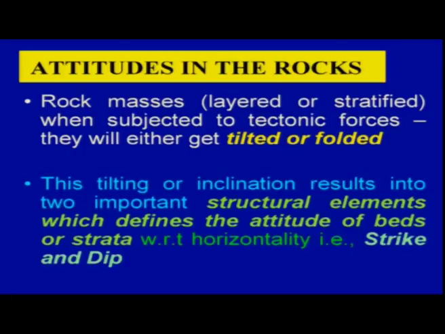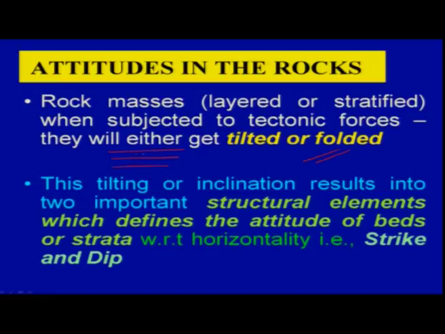Okay. So, rock masses that are layered or stratified, when subjected to tectonic forces, as we were talking about in plate tectonics or deformation, will either tilt or get folded. All sediments are basically deposited in a horizontal fashion.